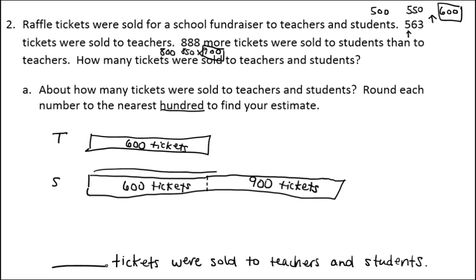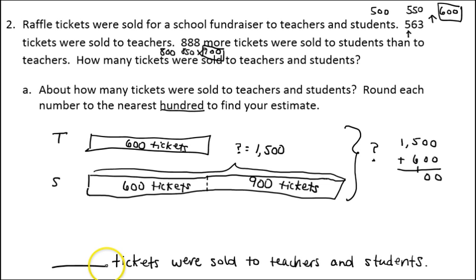Here we need to figure out how many tickets were sold to students, and then about how many tickets were sold in all. Well, 600 plus 900 would be 1,500. And I'll add 1,500 to the 600 sold to the teachers.